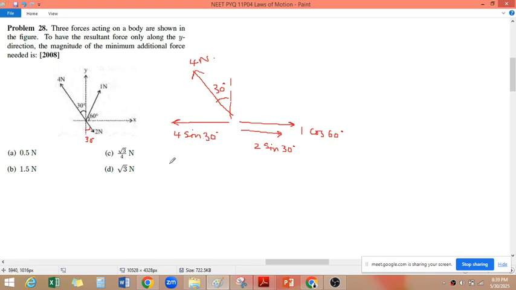Sine 30 means 1 by 2, so 4 into 1 by 2, which means 2. This is 1 by 2 and 2, so 2 into 1 by 2, so it will be 1. This is cos 60, so cos 60 is also 1 by 2. So that means this and this should be added. So this side I have 1.5, right?